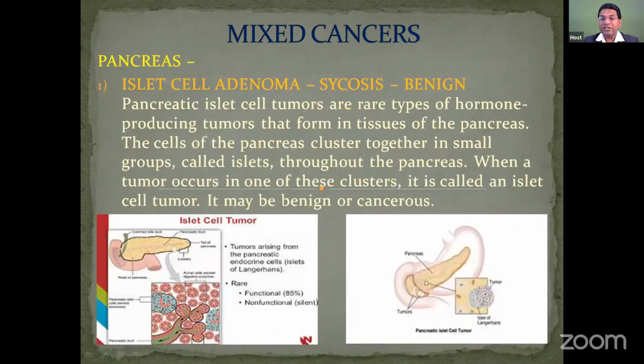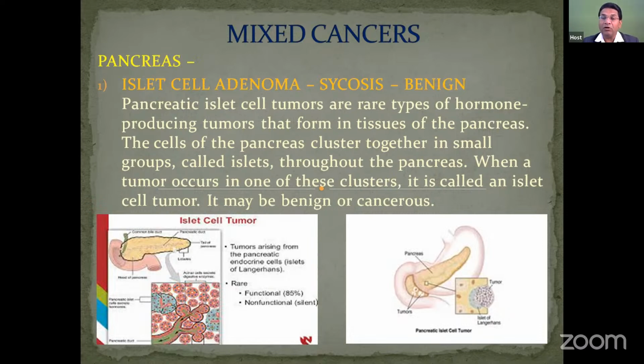So first, islet cell adenoma, benign. Pancreatic islet cell tumors are rare types of hormone producing tumors that form in tissues of the pancreas. The cells of pancreas cluster together in small groups called islets. Throughout the pancreas, when a tumor occurs in one of these clusters, it is called an islet cell tumor.